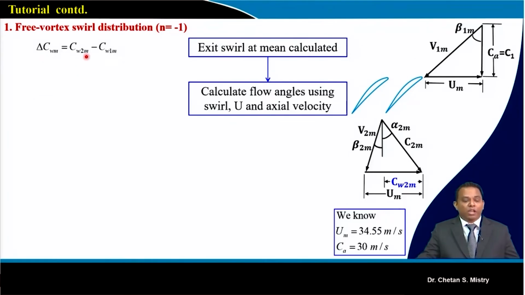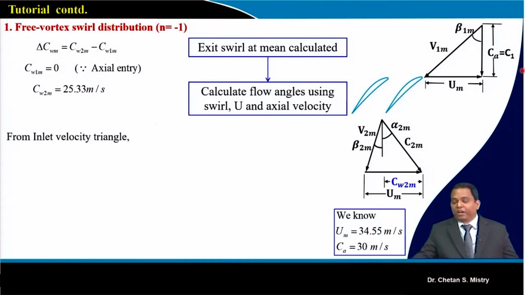Here my delta Cw is nothing but the change in my tangential velocity component, we can write it as Cw2 minus Cw1. Since we are considering our entry to be axial, my Cw1 is 0. So if we put these numbers, we are able to calculate the whirl component at the exit and at the mid station.